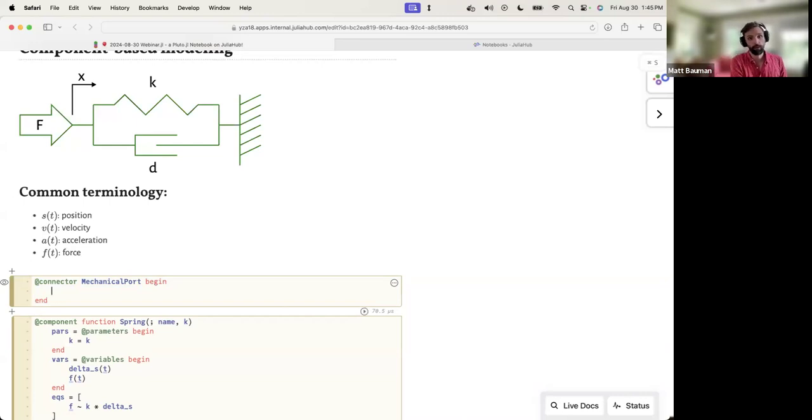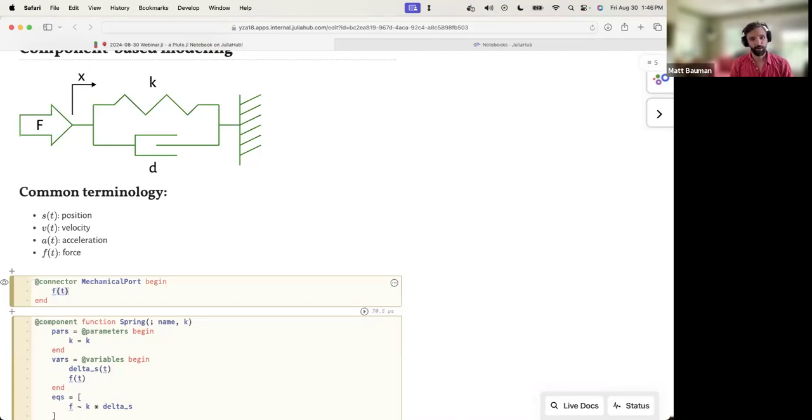So what do we connect through a mechanical port? Well, the one perhaps most important one is the force, right? At a mechanical port, the forces must be equal. And actually not quite equal, they need to be opposing. Newton's first law, every force must equal all other forces, right? If you push against something, it must push back.